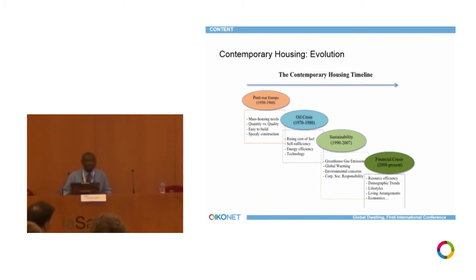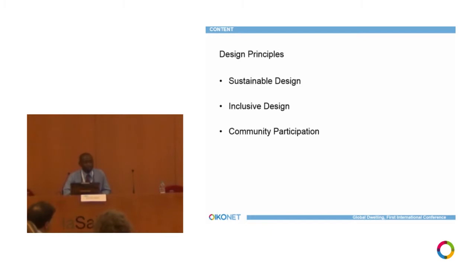And the issues currently shaping contemporary housing provision today are things like resource efficiency, which is one of the main flagship strategies in the Europe 2020 strategy, and other issues, demographic trends and the living arrangements today in Europe. So these three design principles have been identified, as I said earlier: sustainable design, inclusive design, and community participation.